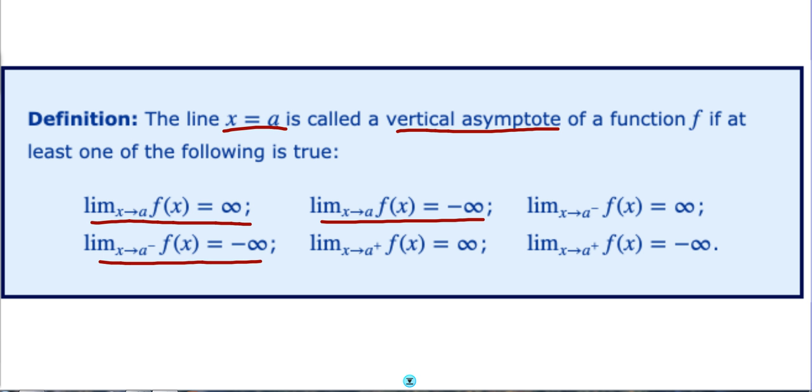The limit as x approaches a from the right is infinity, or the limit as x approaches a from the right is negative infinity. If any one of these is true, then the line x equal a is a vertical asymptote.